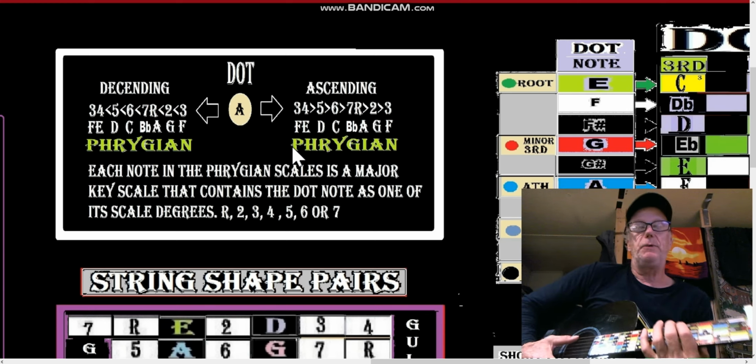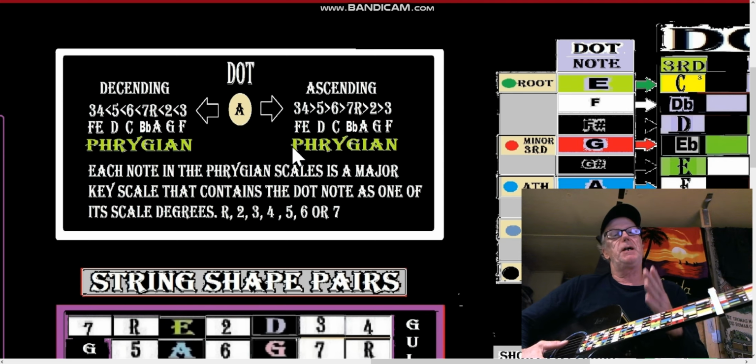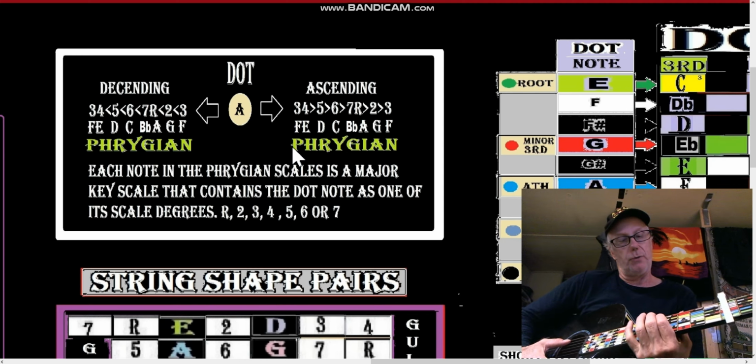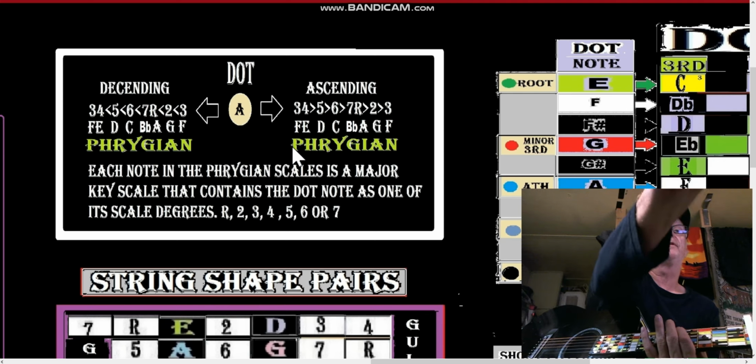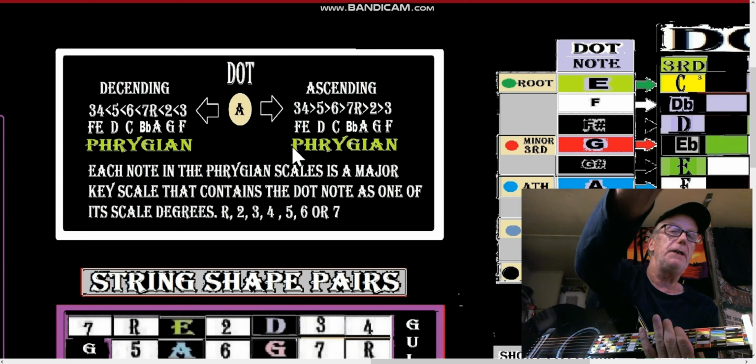That doesn't mean we have to play in the key of C, because the magic thing about the dot scales, and here it is, is that they can be major or minor. So the A can be the 6th of C major, right? It can be the 5th of either D minor or D major.